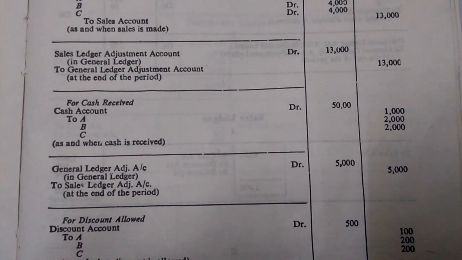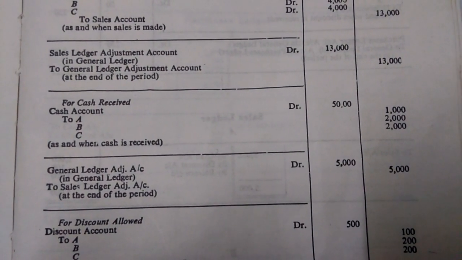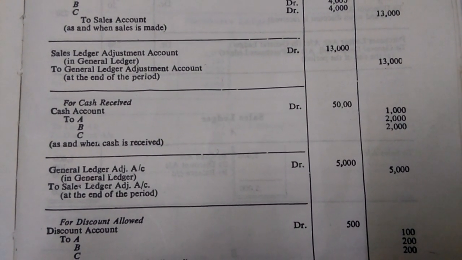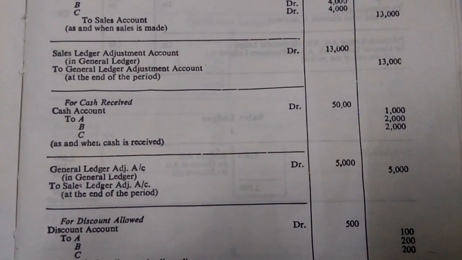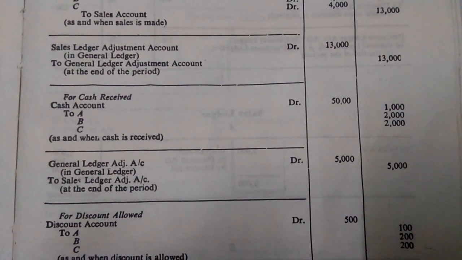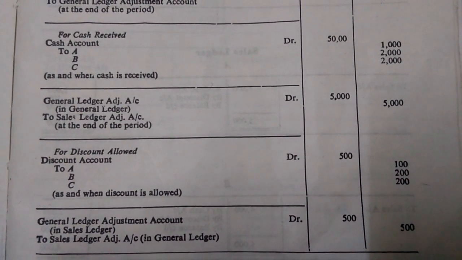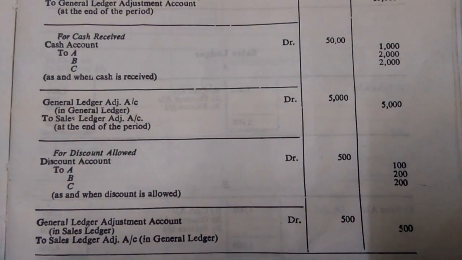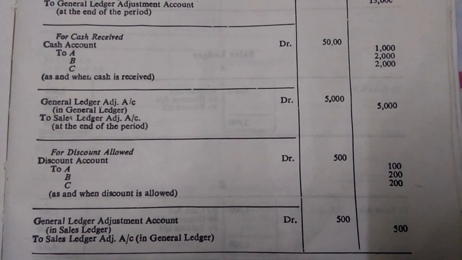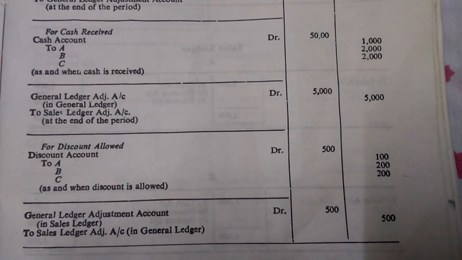Next, for self balancing purpose, sales ledger adjustment account debtor to general ledger adjustment account 13,000, total credit sales at the end of the period. For cash received, cash account debtor to A account, B account, C account, total 5,000: 1,000, 2,000, 2,000, as and when cash is received.